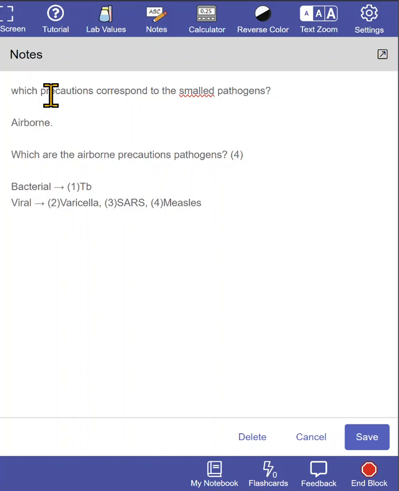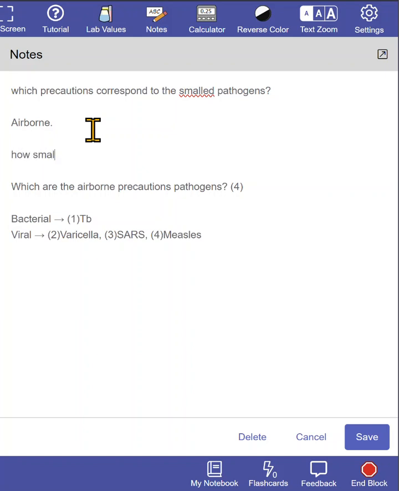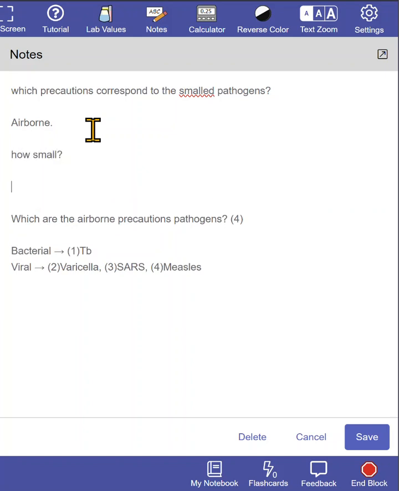Because they have to be small enough to be taken up. I think there's a certain number of microns. So how small? Less than 10 microns.